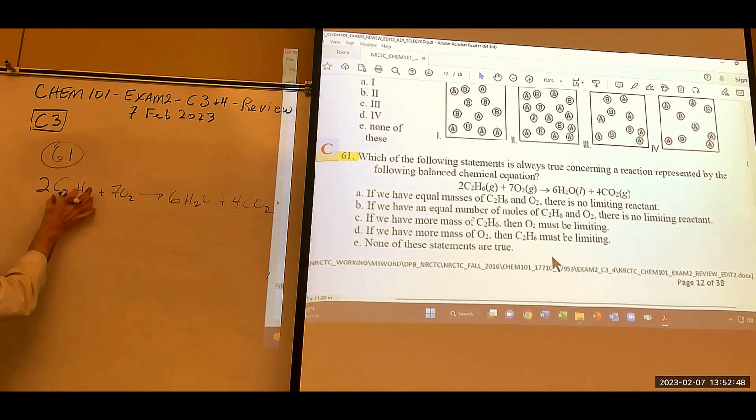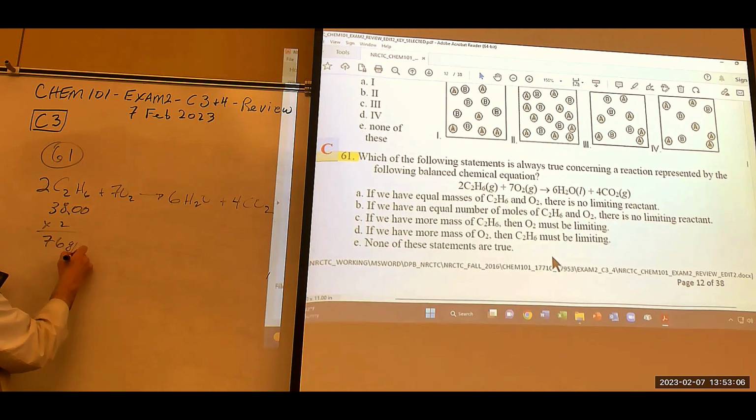Oh, yeah, we have to get this molar mass first. Right, so it's 24.02 and then 6.06 for hydrogen, that's 30.08. Times 2 would be 60.16 grams per mole. All right, so that's for the ethane.